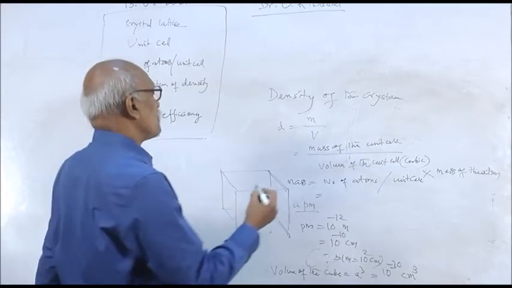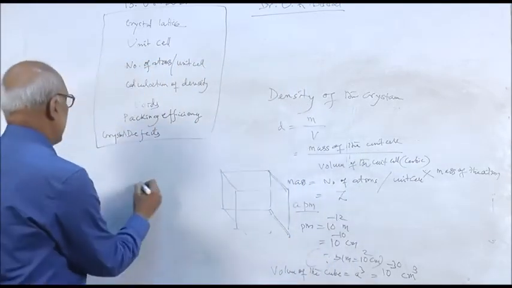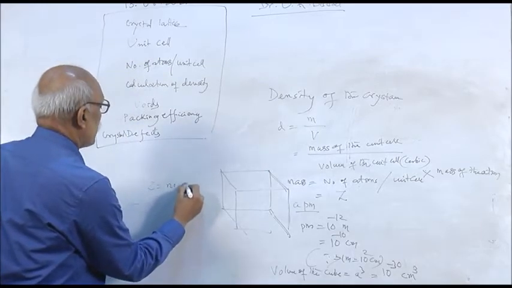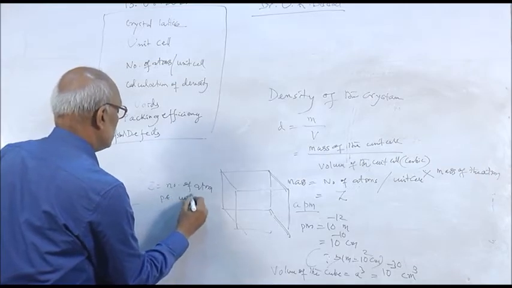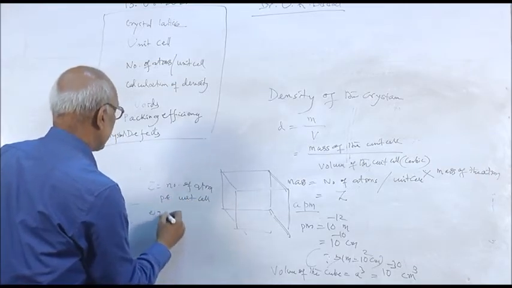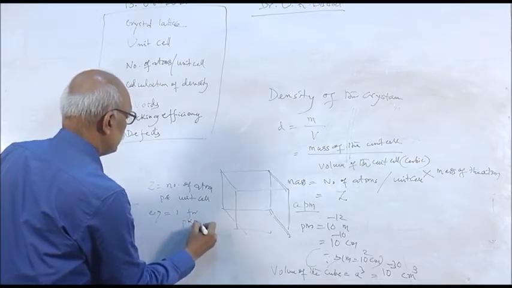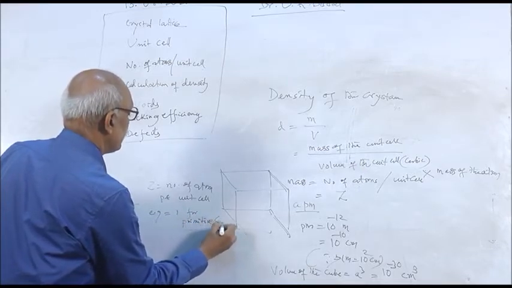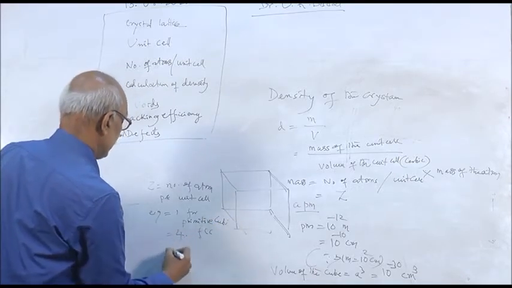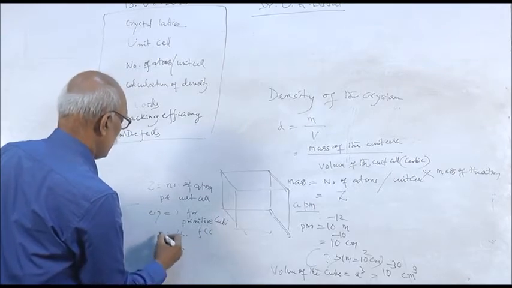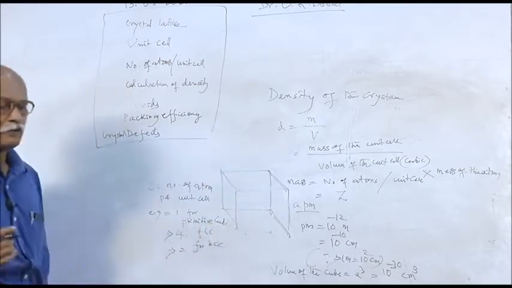So the number of atoms, you can call it Z. Z is the number of atoms per unit cell, as for example 1 for primitive cubic unit cell, 4 for FCC, and 2 for BCC, body centered cubic.